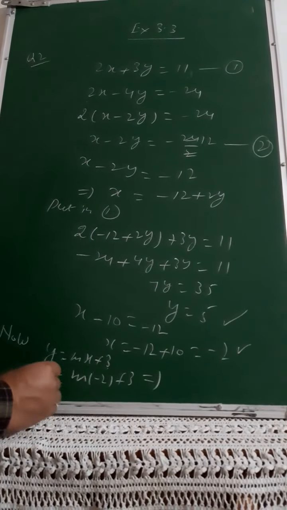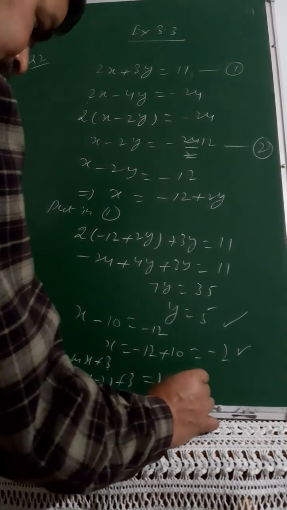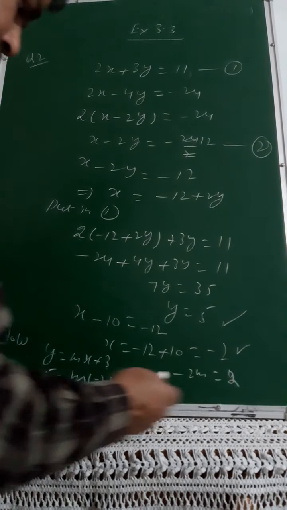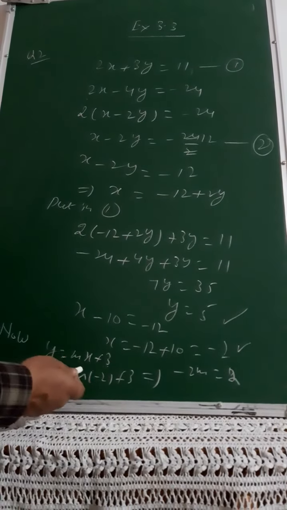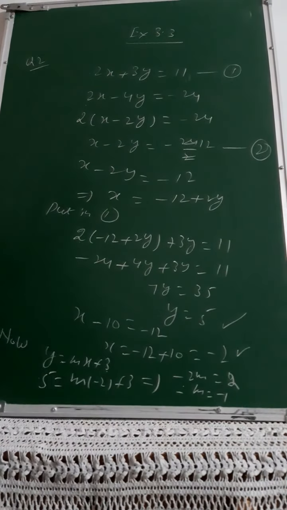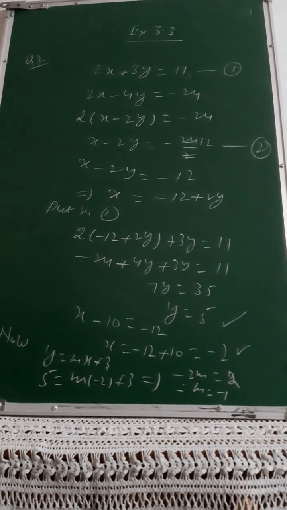So this makes 5 is equal to minus 2m plus 3, that is 5 minus 3 will be 2, equal to minus 2 into m, minus 2m. So therefore your m will be equal to minus 1. So m is equal to minus 1 will be the answer.